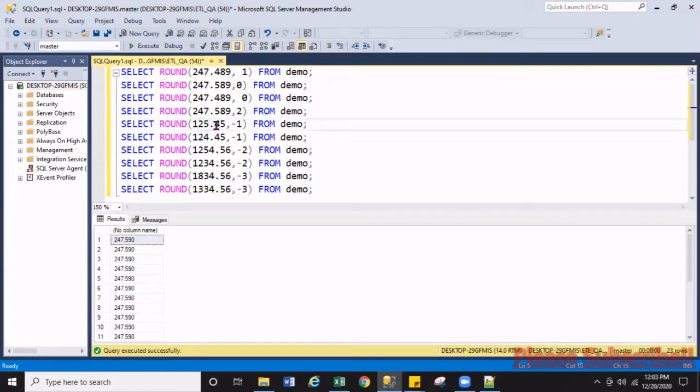So if I run this one, minus 1 means here 5, because it goes before decimal places. If the position is positive 1, then it will go to the right side after decimal places. If the position number is negative, it will go to the left side of decimal places.